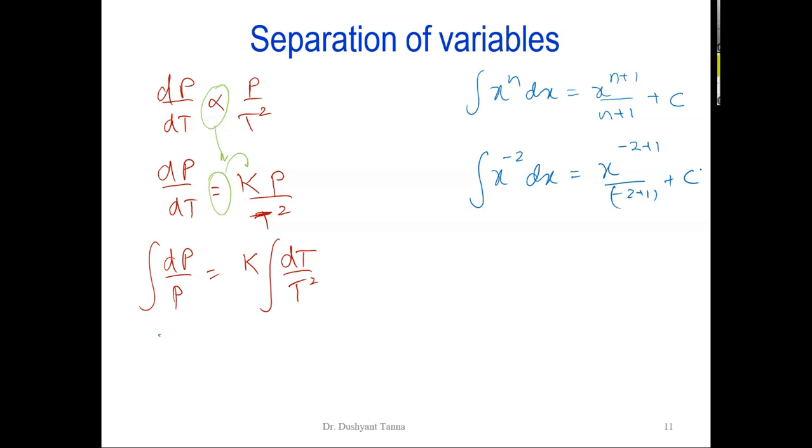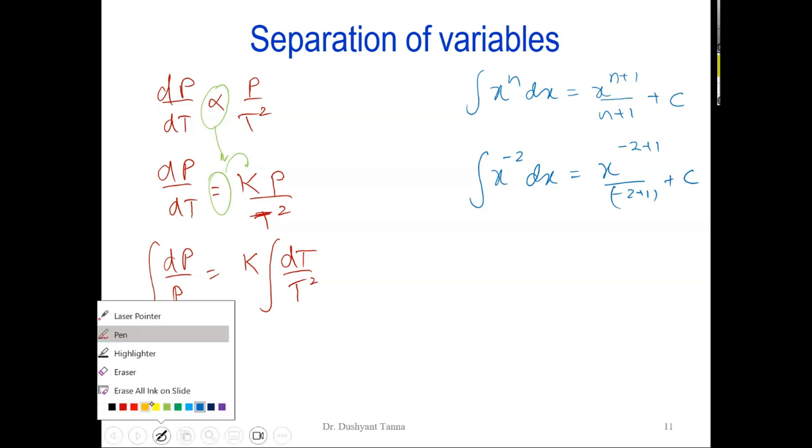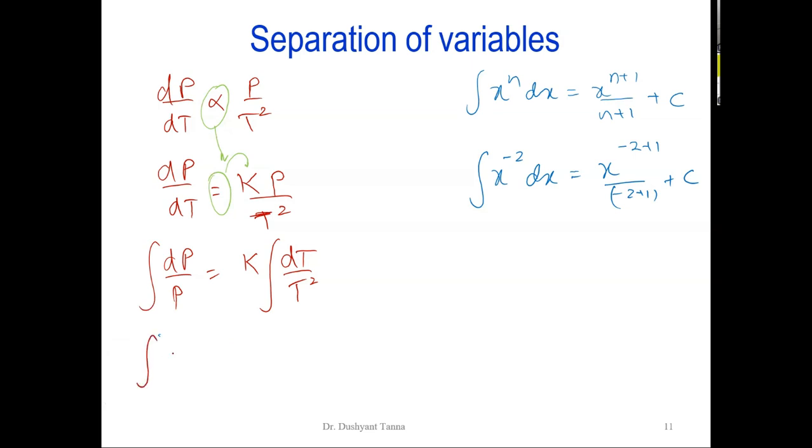Okay, right. So we change this. I will write it once more. Oops, has to be capital T. Please observe your writing: capital T is temperature, small t is time.